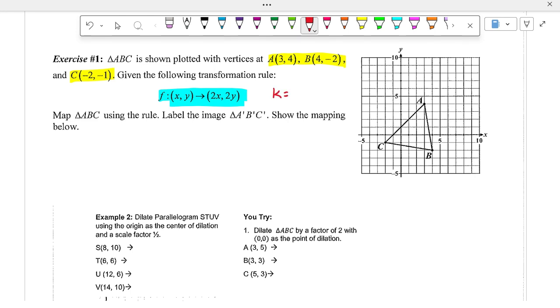What's k equal to? 2, because that's what we're multiplying to x and y. Your scale factor is whatever you're multiplying to x and y. Before we even graph this, I'm going to rewrite the coordinates that they already gave us.